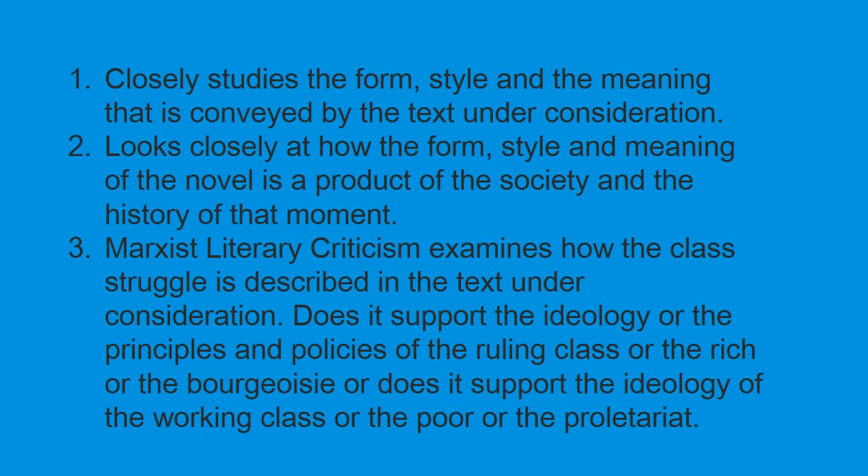Marxist literary criticism examines how the class struggle is described in the text under consideration. Does it support the ideology or the principles and policies of the ruling class or the rich or the bourgeois, or does it support the ideology of the working class or the poor or the proletariat?